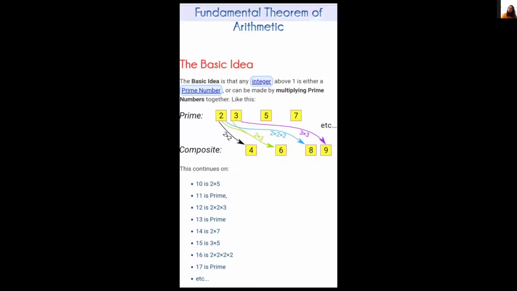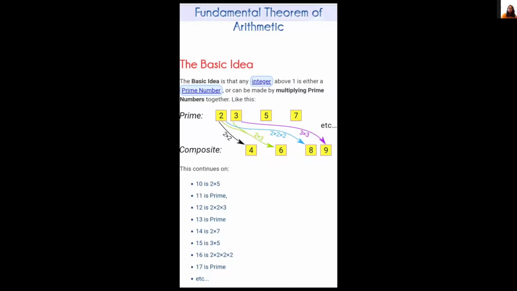I want you to understand these two terms. Any number that you take will either be a prime number or a composite number. If it's a prime number, you don't have anything to do with it; the number remains as it is. But in case I take a composite number, what do you see in the slide?